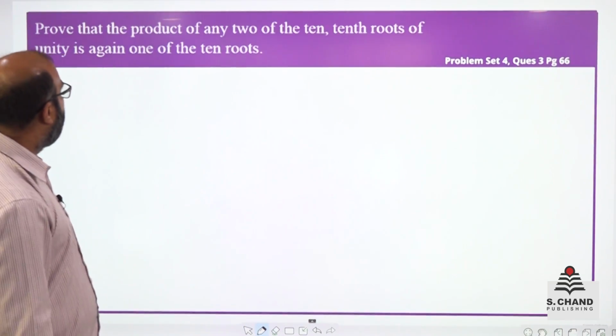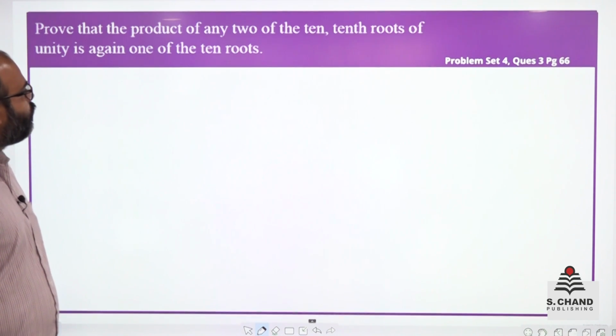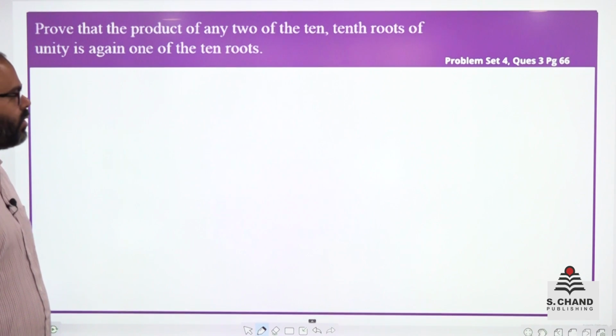In the next question, we have to prove that the product of any two of the 10 tenth roots of unity is again one of the 10 roots.